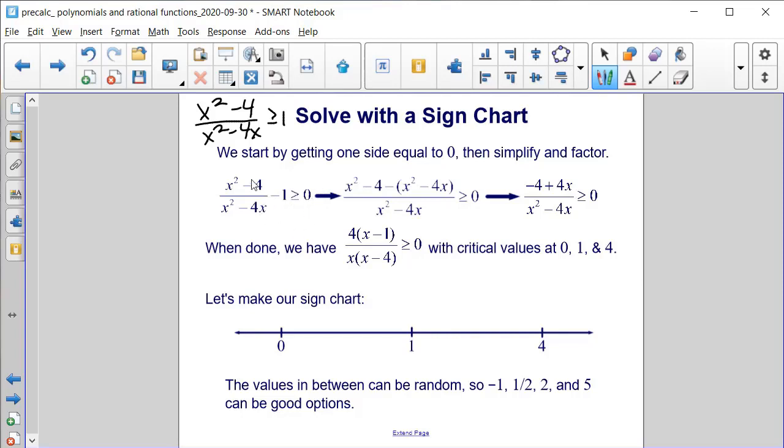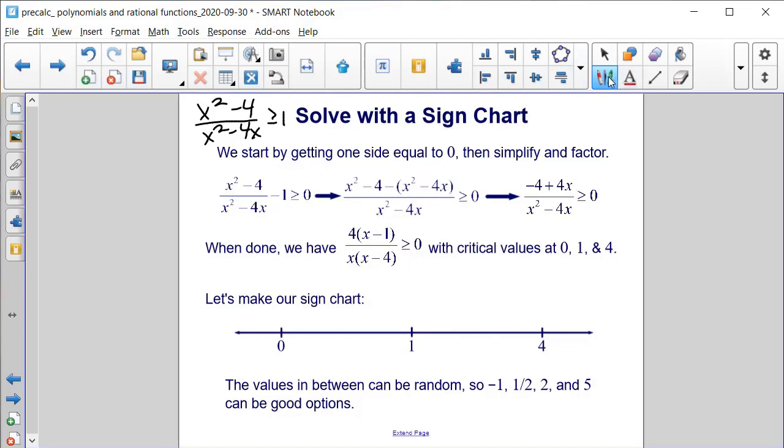In order to determine our final rational function, we have to have a common denominator, which will be x squared minus 4x. And if you'll remember, any expression over itself is equal to 1. So you can rewrite this expression as x squared minus 4 minus x squared minus 4x, all over x squared minus 4x.